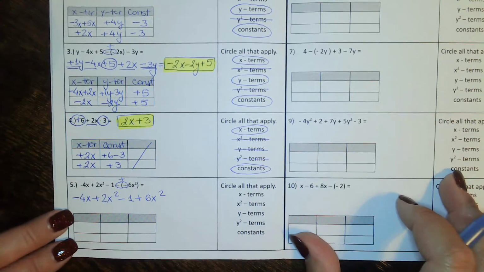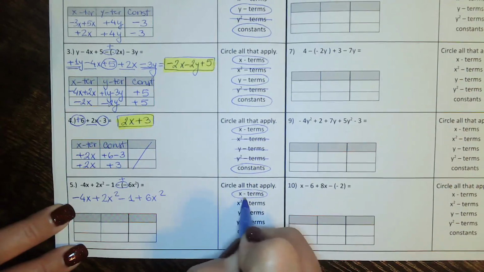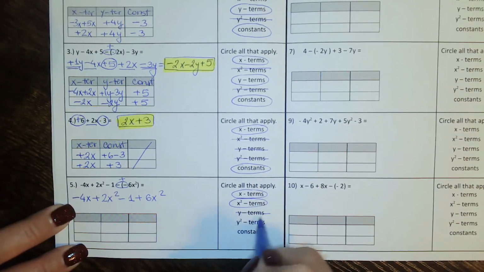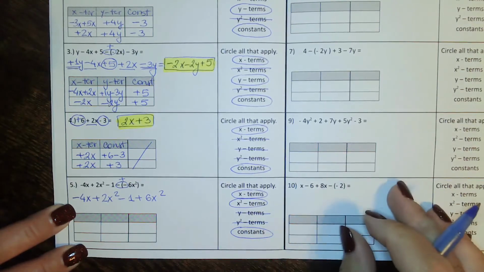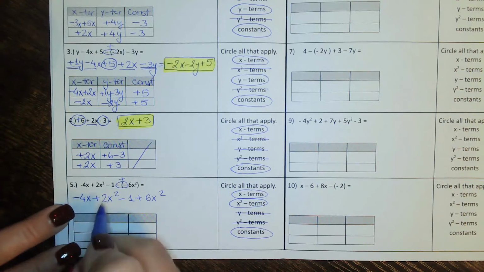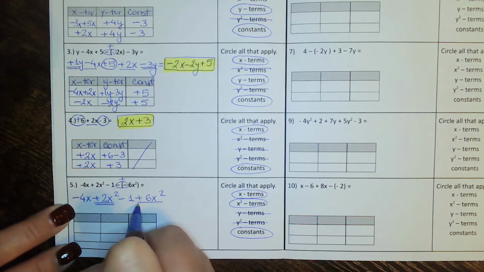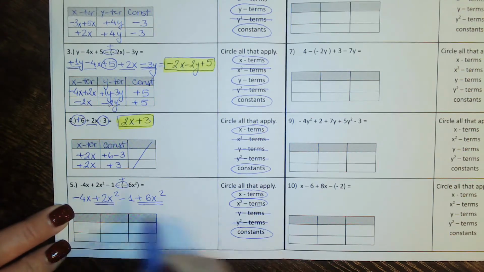So this time we have x terms and x squared terms. We don't have any y's or y squares, and we have a constant. So if we have different powers involved, the highest power goes first. Highest power takes the priority.